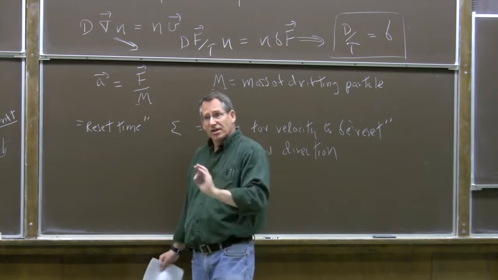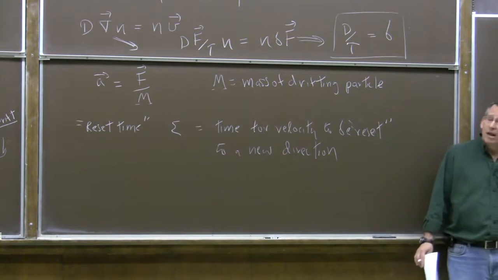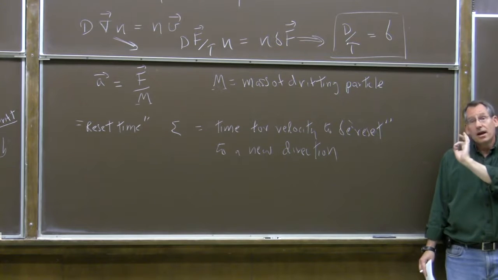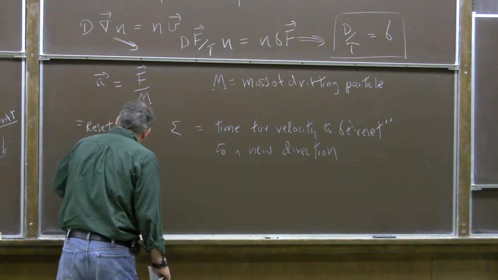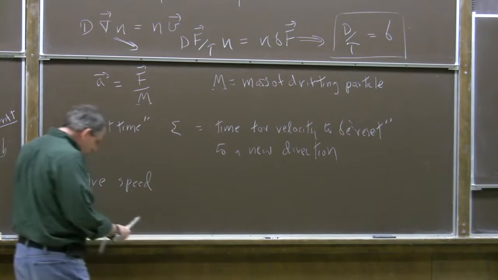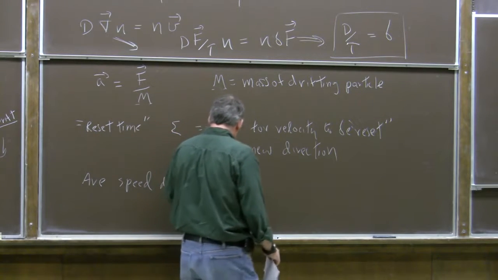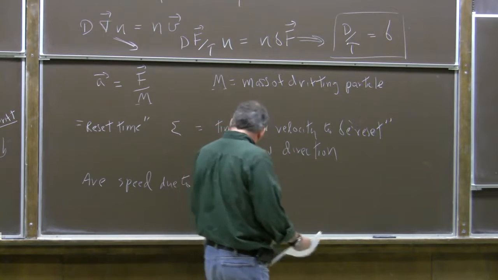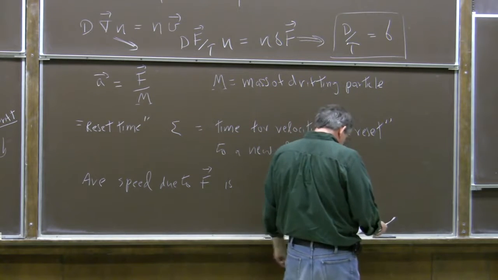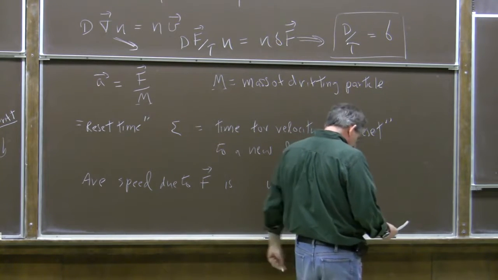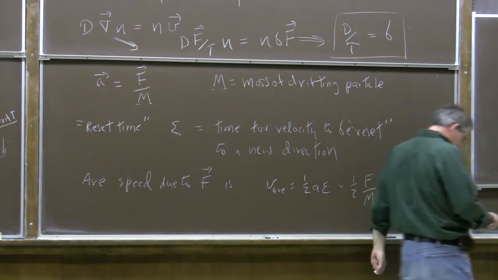Because if we imagine it started out with no contribution to its speed coming from the acceleration, starting at zero velocity, winding up at velocity A epsilon, the average speed due to the acceleration, due to the force, is going to be 1/2 the acceleration times the reset time, or 1/2 F over M times epsilon.